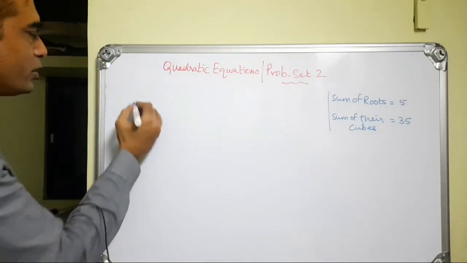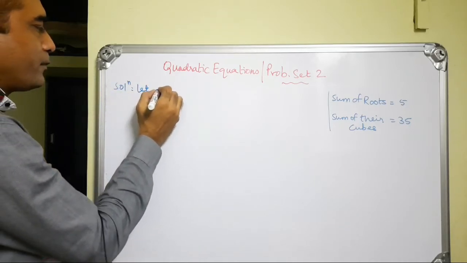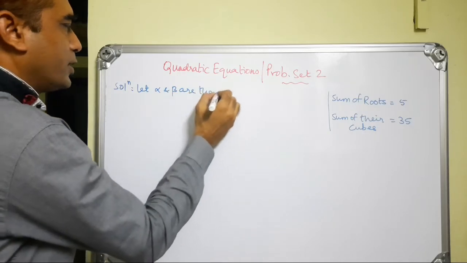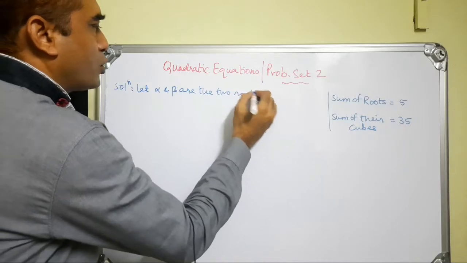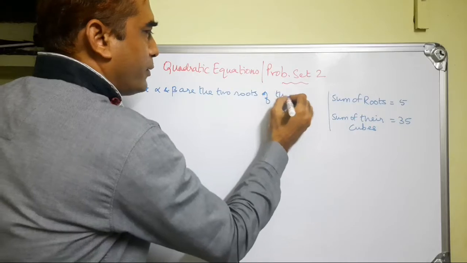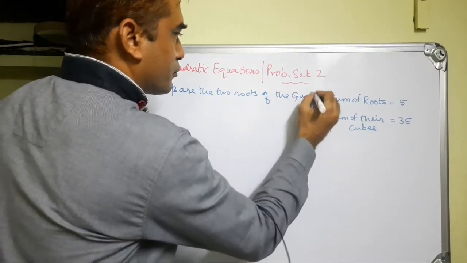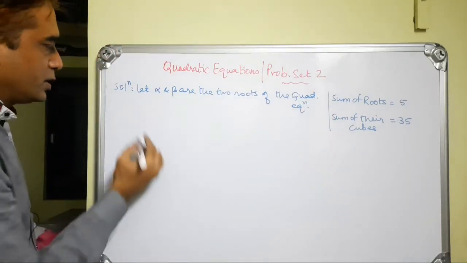Now we know that, solution, let alpha and beta be the two roots of the quadratic equation. Let alpha and beta be the roots.